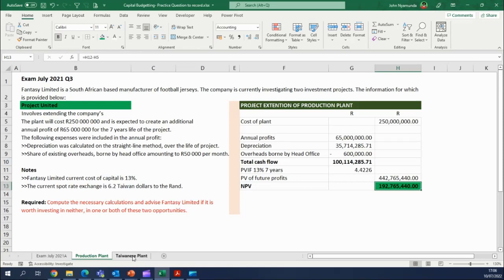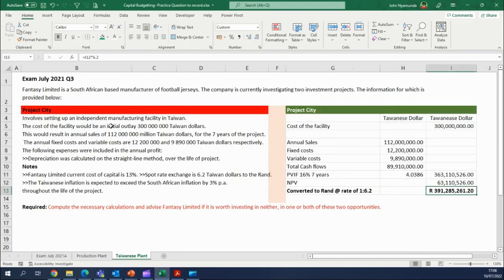For the Taiwan project, we are told it involves setting up an independent facility in Taiwan. The cost of the facility would be an initial outlay of 300 million Taiwanese dollars, which would result in annual sales of 112 million for 7 years. So it's also a 7-year project.